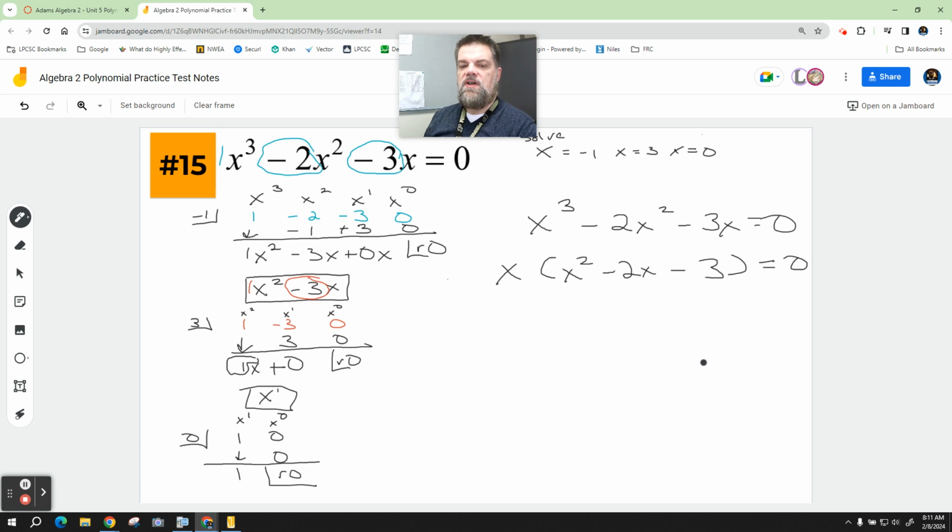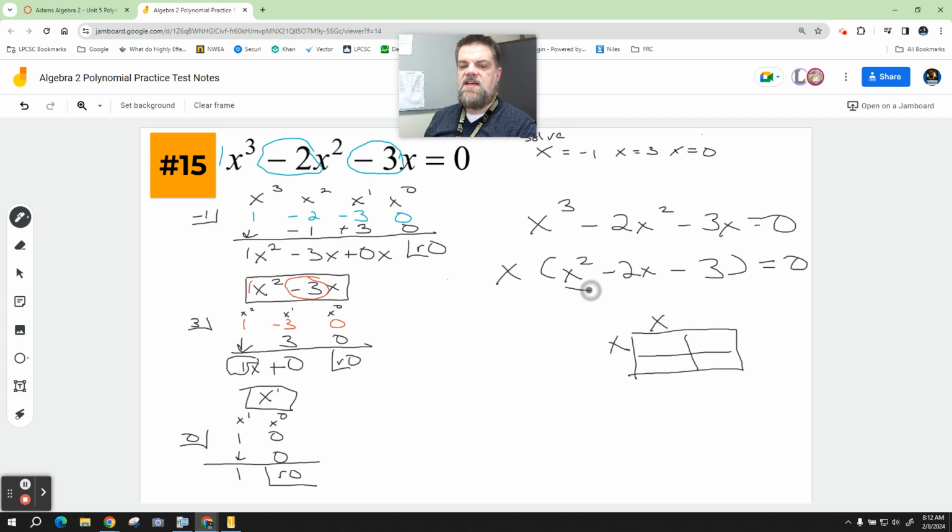Okay, cool. Now this is not quite completely factored. So how do I factor the quadratic? Well, I'm going to think that my quadratic could be factored this way. Probably x times x.